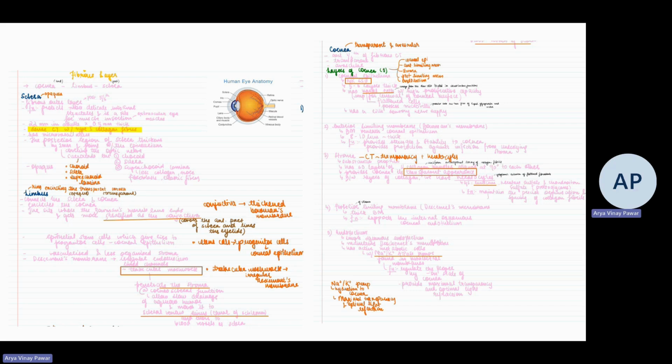Now this could be asked as a one mark question, like the difference between the sclera and cornea. The cornea is transparent, it's in the anterior part of the eye, the sclera is posterior, it is white in color, it has a protective function because it is dense connective tissue.